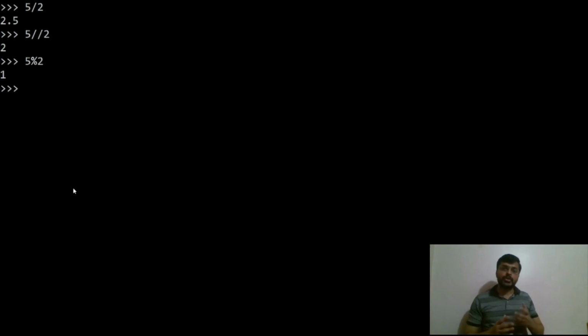You can use this to get even and odd numbers. Like if I want to know whether 5 is an even number or odd number, if the result of the modular operation is 1, that means it's an odd number. If the result is 0, that means it is an even number. So let's see that. See, its result is 0, that means it's an even number.